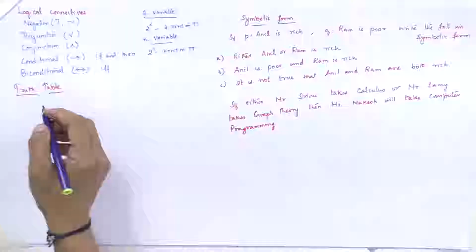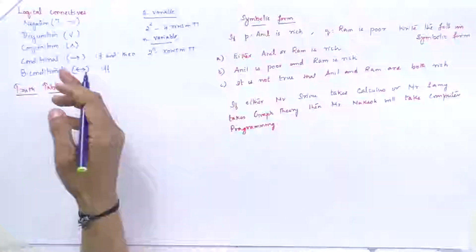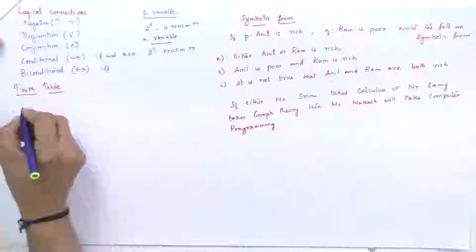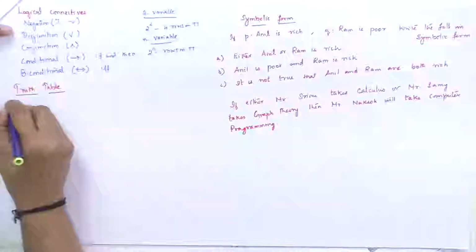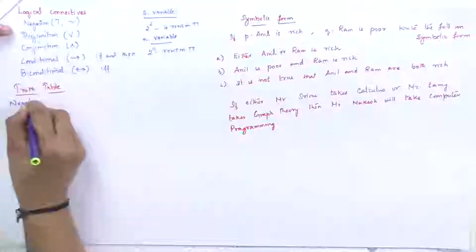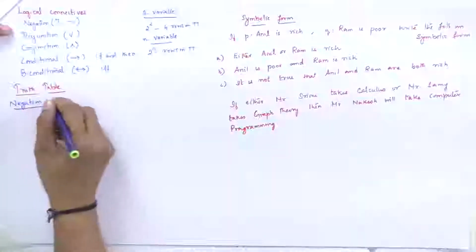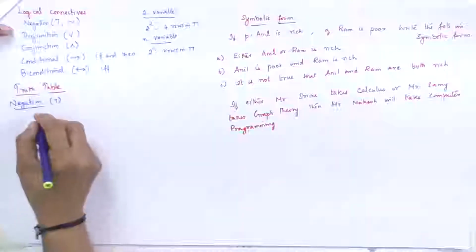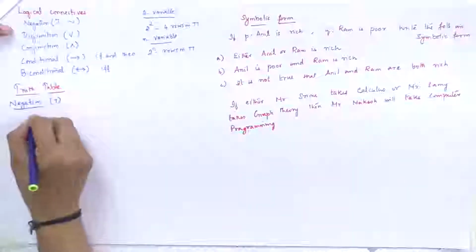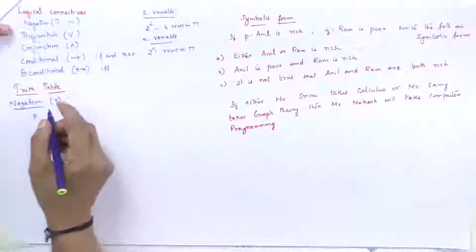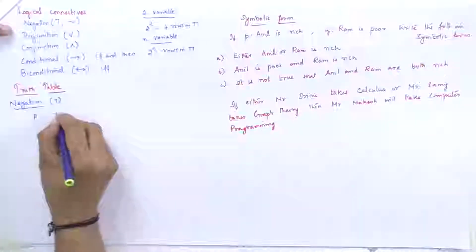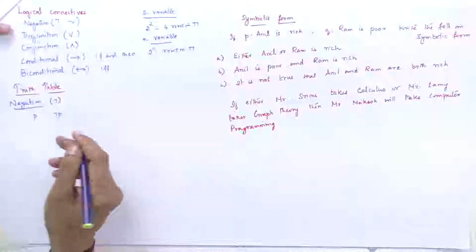Let us see how to construct a truth table for the various connectives. First, for negation, let us see what the truth table will be. Say I have the variable p, then negation of p will be denoted as not p.